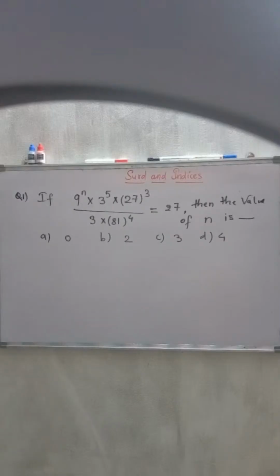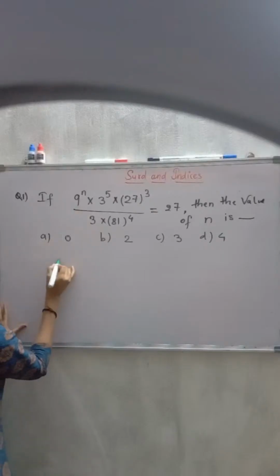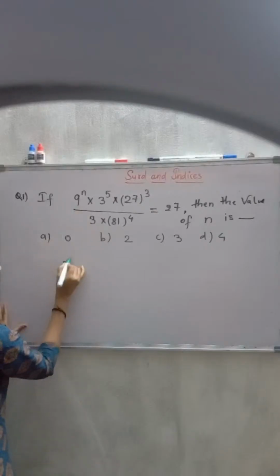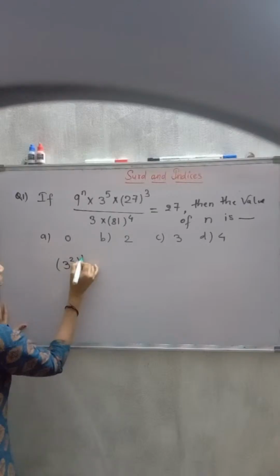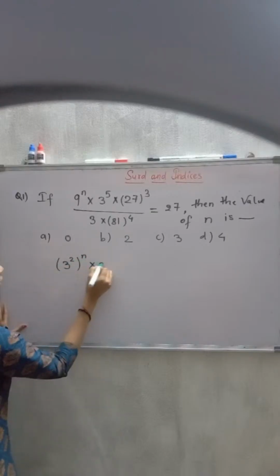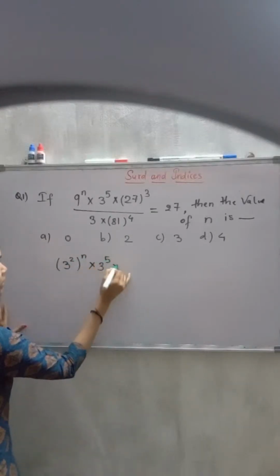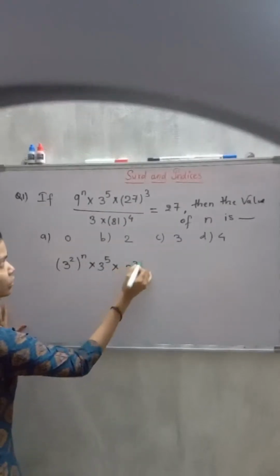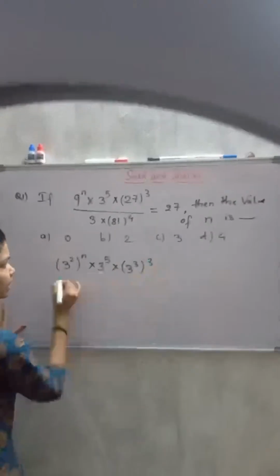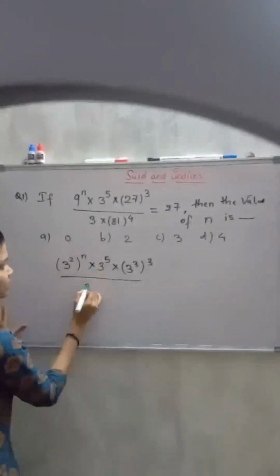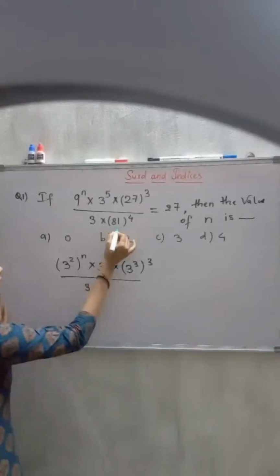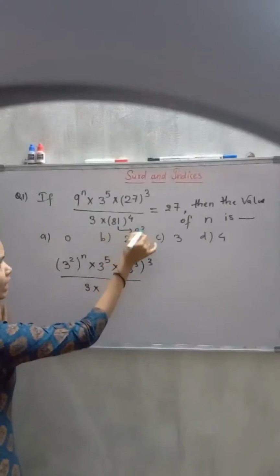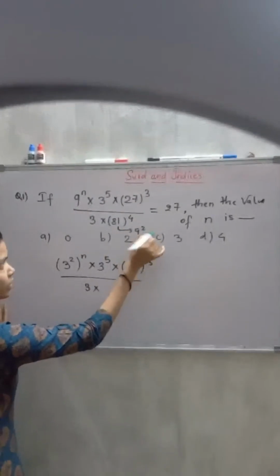So let's solve this. We know 9 can be written as 3 square whole raised to n into 3 to the power 5 into 27, which is nothing but 3 cube whole power 3, by 3 into this 81, which is square of 9, and 9 is square of 3.